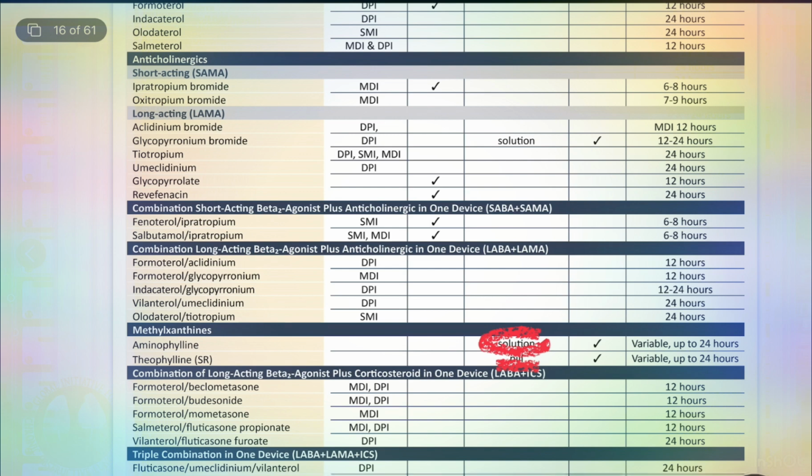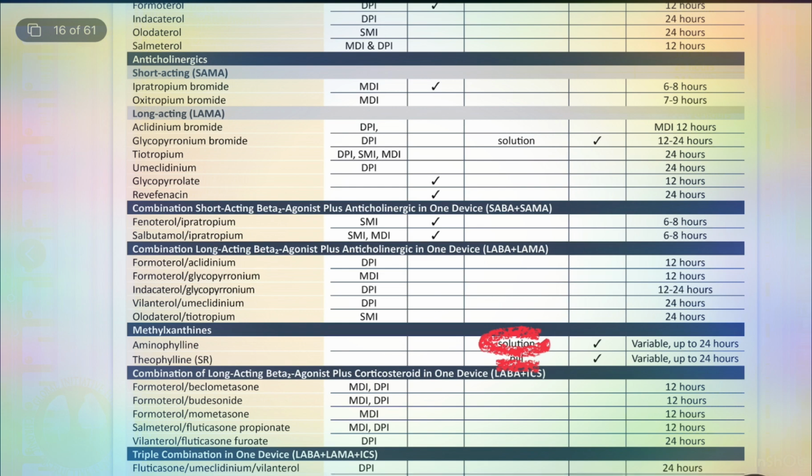Then comes the combination of LABA plus corticosteroid in one device, like formoterol plus beclomethasone, formoterol plus budesonide, formoterol plus mometasone, and salmeterol plus fluticasone. These act for 12 hours. And there is a new combination of vilanterol and fluticasone, available in DPI form, and it acts for 24 hours.